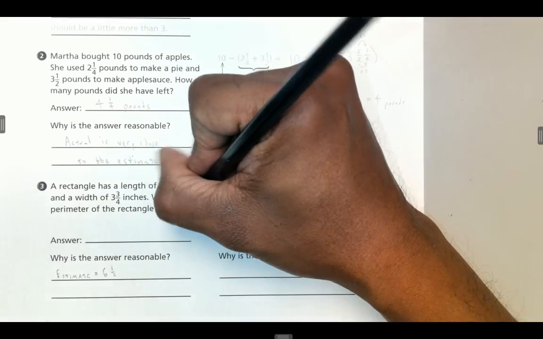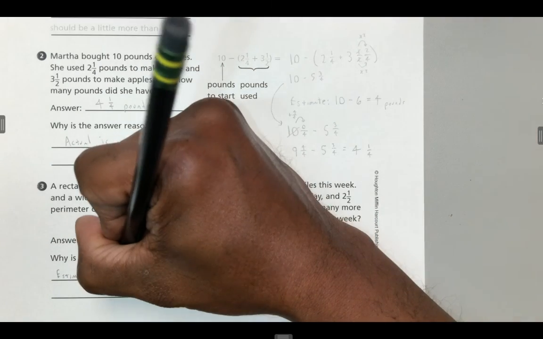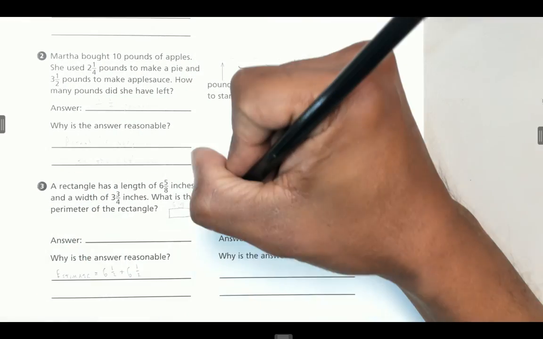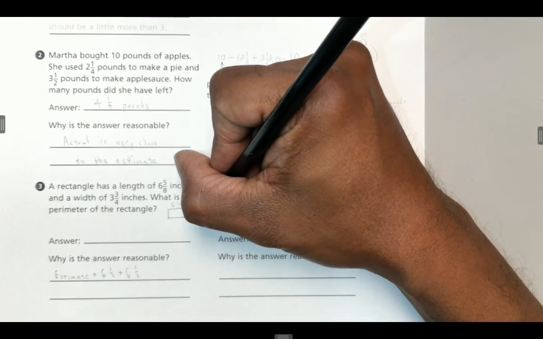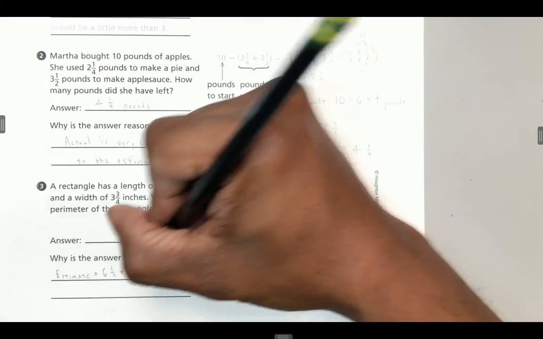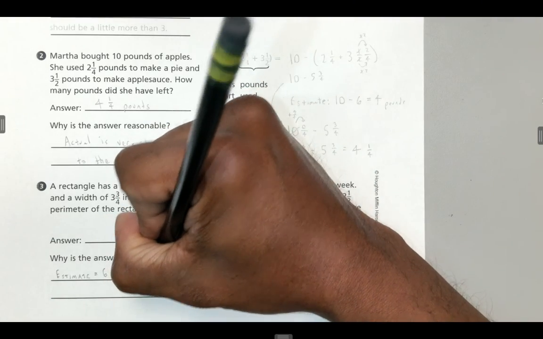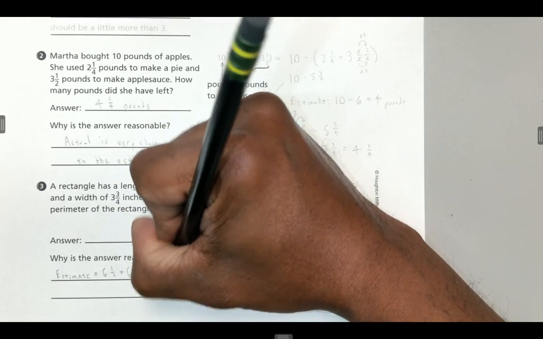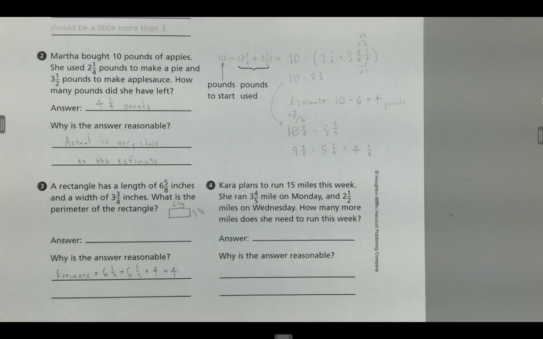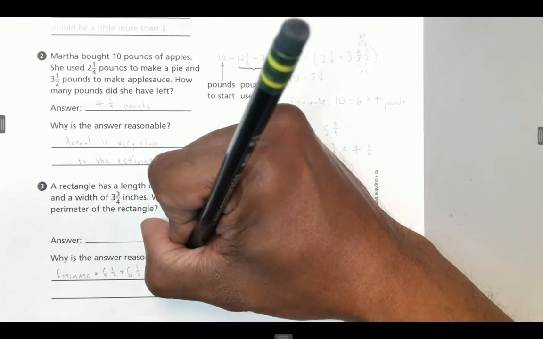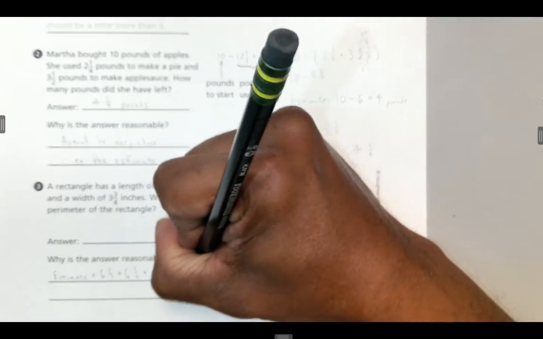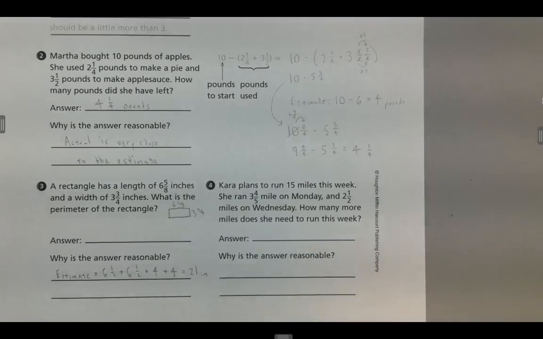And there's going to be 2 long sides, so 6 1/2 plus 6 1/2. 3 3/4 is close to 4. I'll round that up. So 6 1/2 plus 6 1/2 is 13. Plus 4 is 17. Plus 4 again is 21. 21 inches is my estimate.